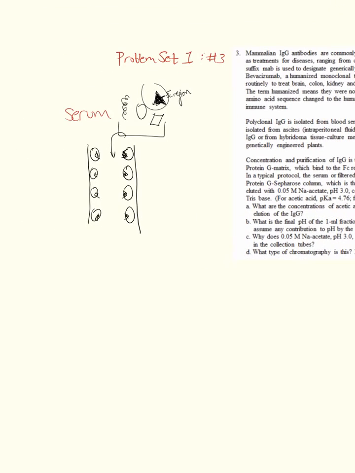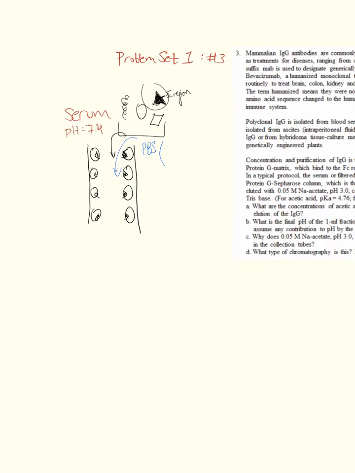Oh, by the way, I should mention, the serum pH, this will come in use later, is around 7.4, physiological pH. And then after we put in the serum, we wash it out with PBS. PBS has a pH of, I believe, 7.9.